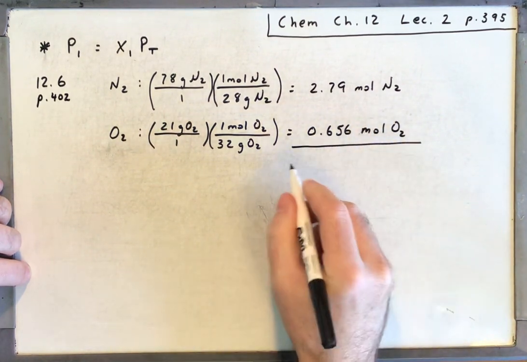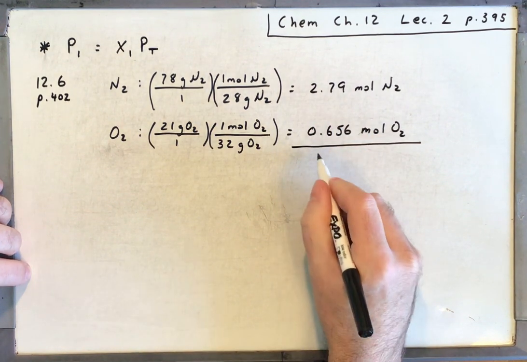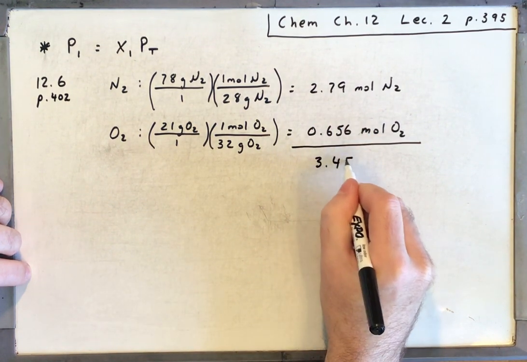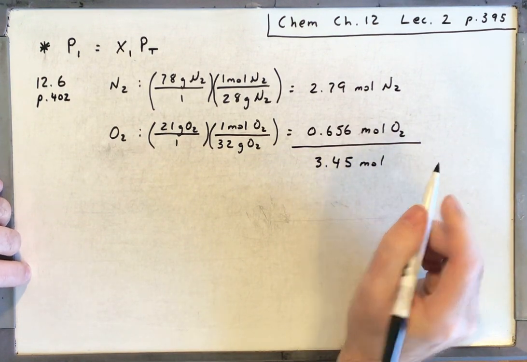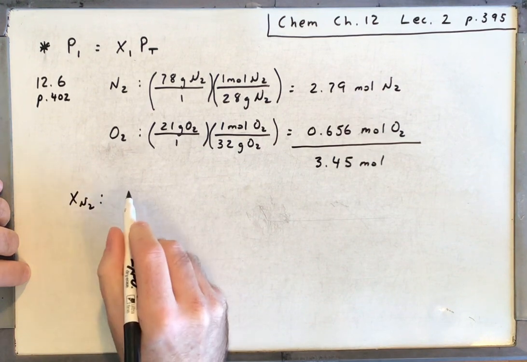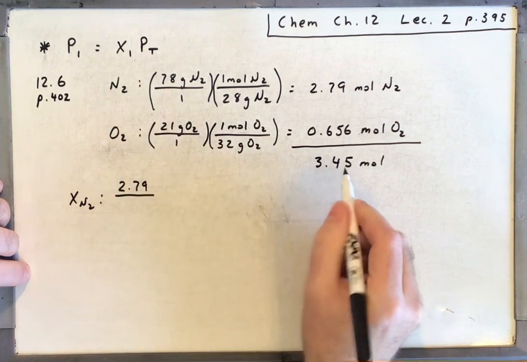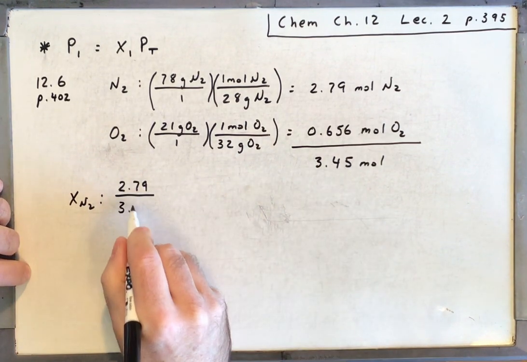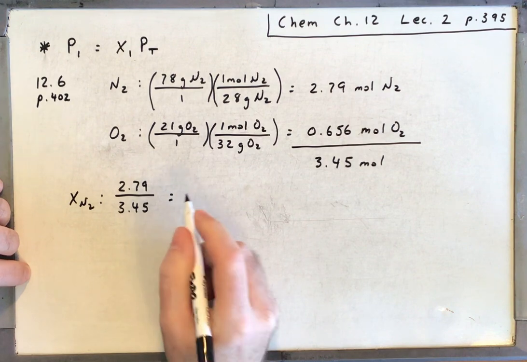All right, we're going to total that up. 2.79 plus 0.656 would be 3.45 moles. So the mole fraction for N2, we're going to take the 2.79 divided by the total, 3.45, and that is 0.81.